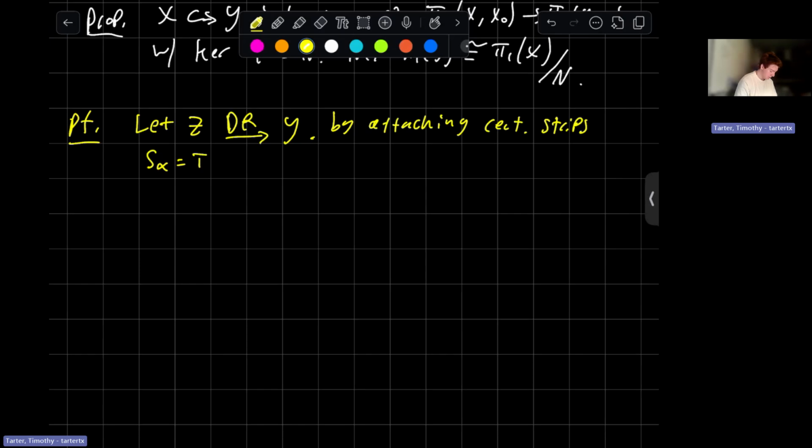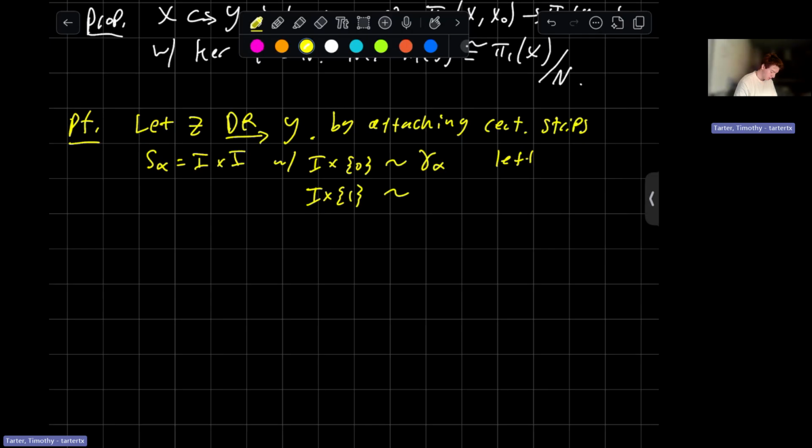S_alpha equal to I cross I, with I cross 0 attached to gamma_alpha and I cross 1 attached to the two-cell that we're adding.